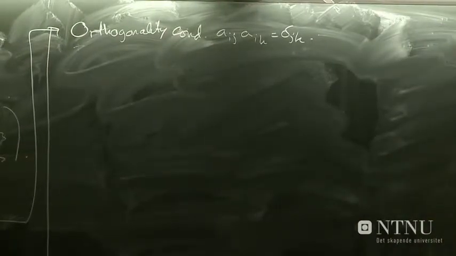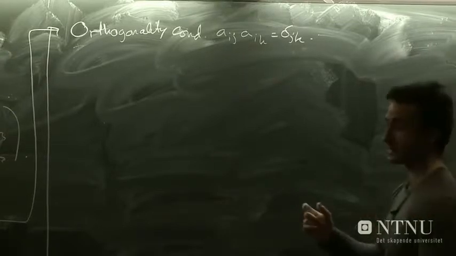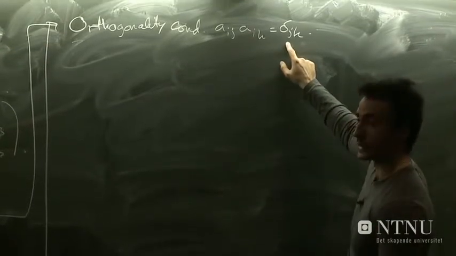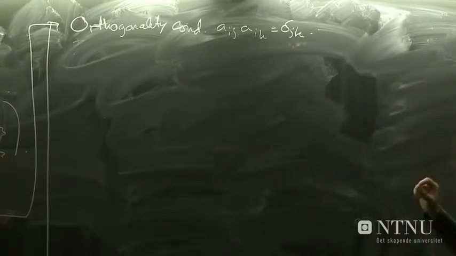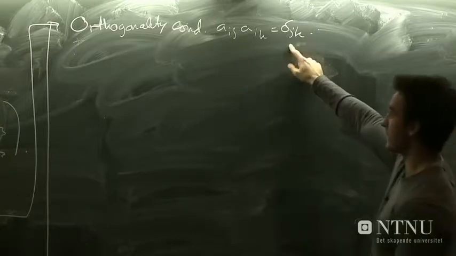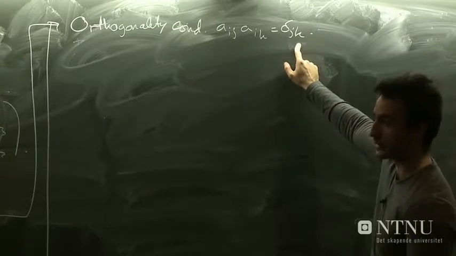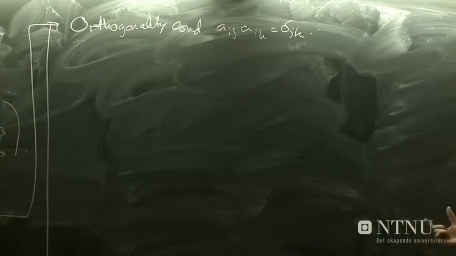And in fact, I now realize that what I said previously was slightly misleading, because I said that in the 3D case, J would vary from 1 to 3 and K from 1 to 3. But following the same reasoning in 3D, that should mean we had 9 orthogonality conditions, right? Because if J goes from 1 to 3 and K goes from 1 to 3, then we have 9 conditions.